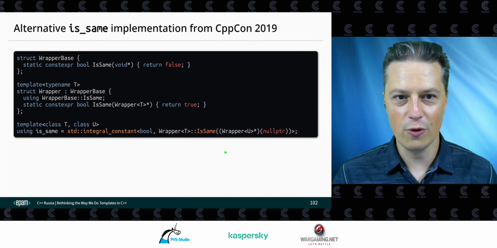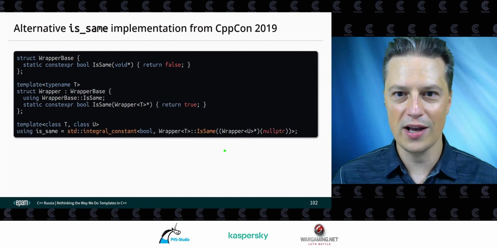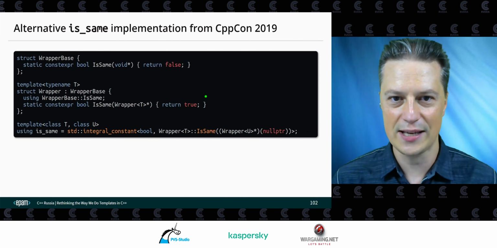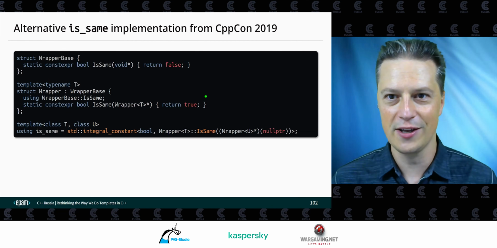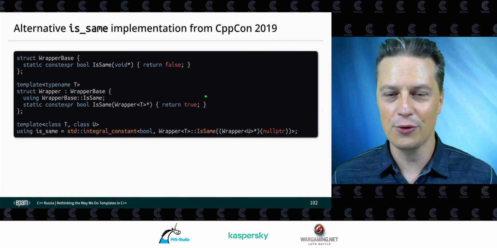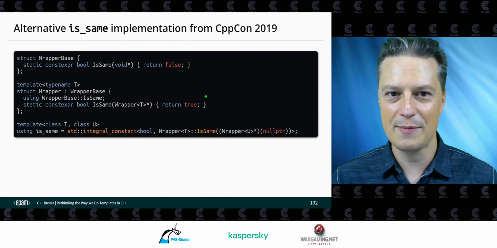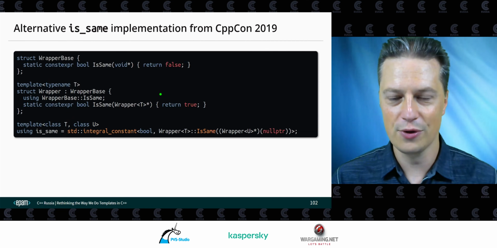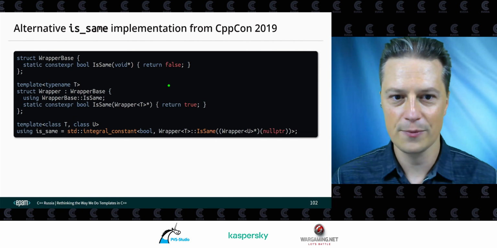Just to warn you, there are other implementations. For example, at the same point that I talked about this at CppCon, because actually I was talking about exactly the same implementation of is_same at CppCon 2019, there was another talk by another author also about implementing is_same in a faster or better way. This is the code. I will not go through it right now. You can find it in the CppCon videos.